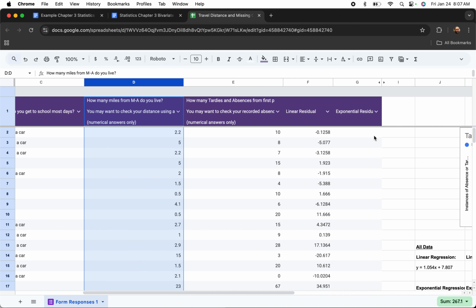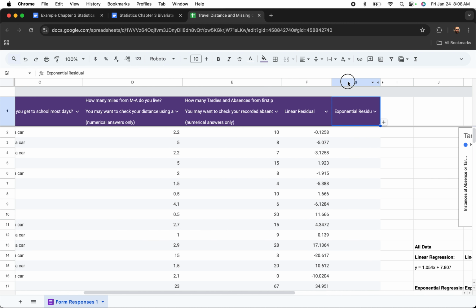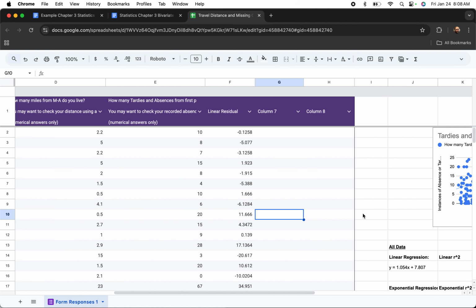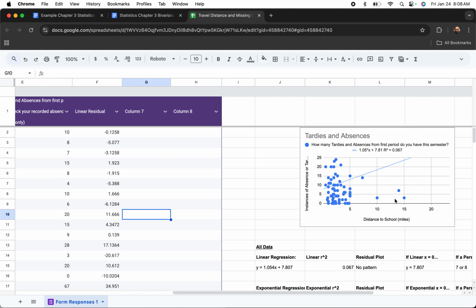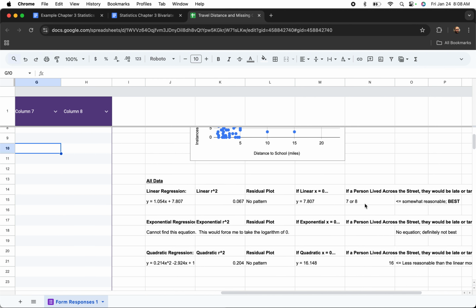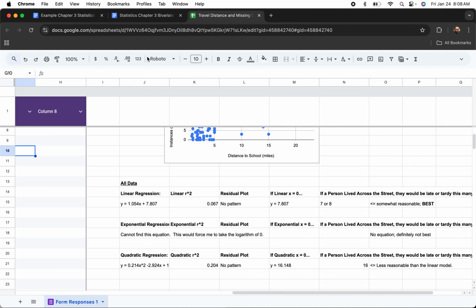There's my D. Okay, that's looking better. That's my plot as it should have been. So again, our best equation right now is the linear regression.